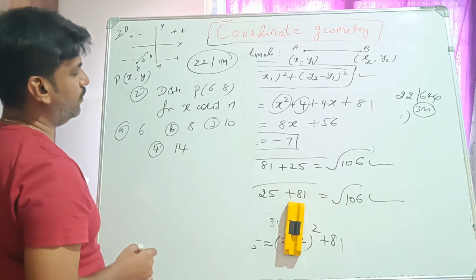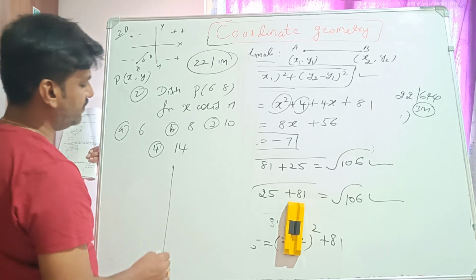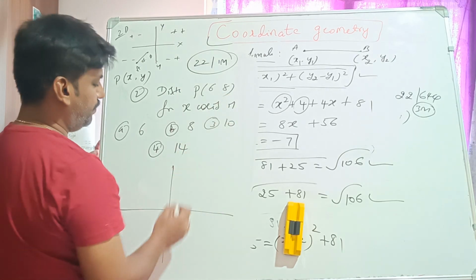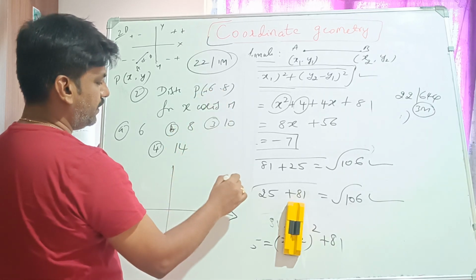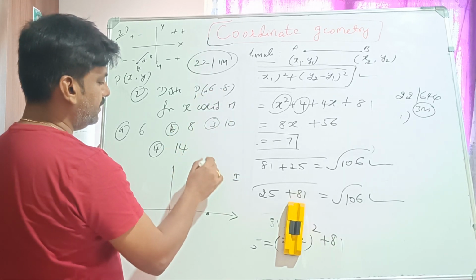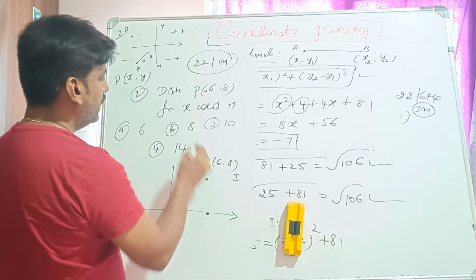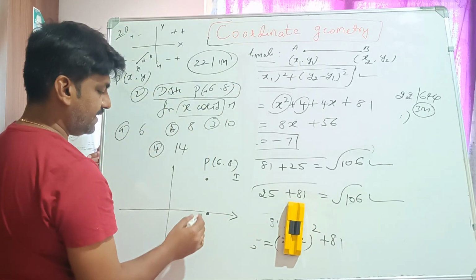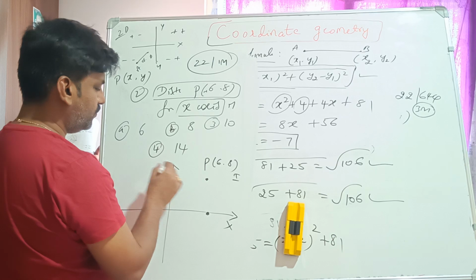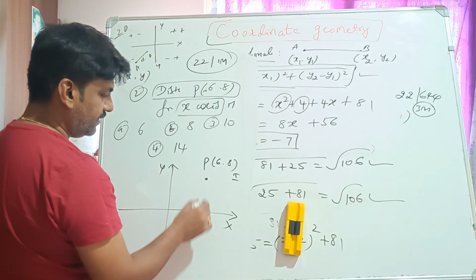The question is very simple. Point P, first locate it. Since both are positive, it is the first quadrant, (6, 8). Approximately the point (6, 8) is here. They are asking the distance of this point from which axis? X-axis. This is x, this is y. From here to here they are asking.